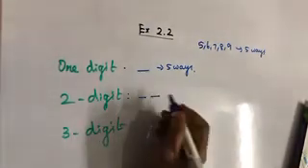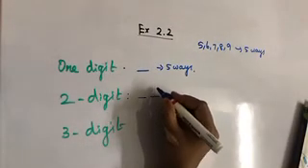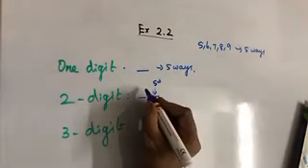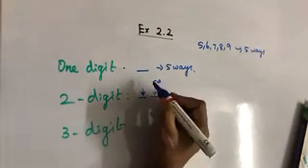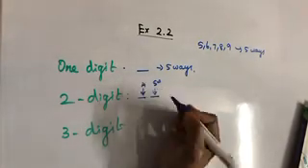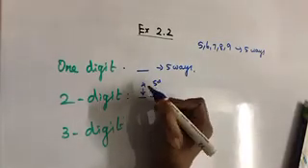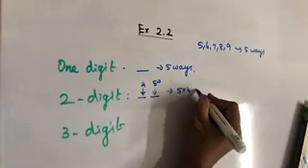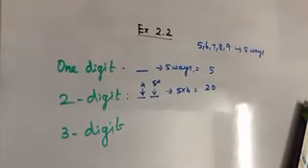The ones place can be filled in 5 ways. Similarly, the tens place will be filled in 4 different ways. That implies 5 into 4, that is equal to 20. Here it is 5, so here it is 20.